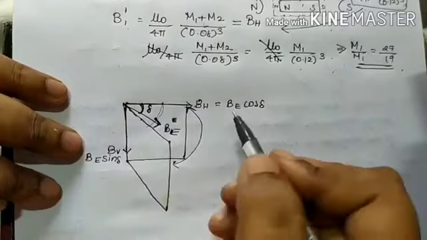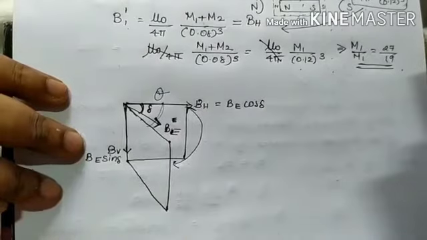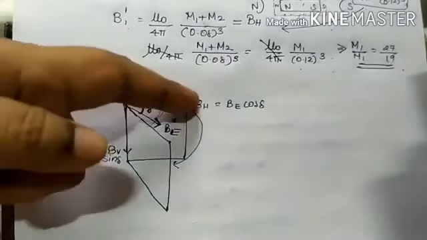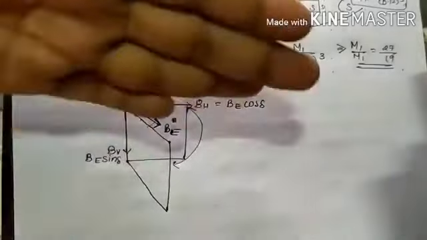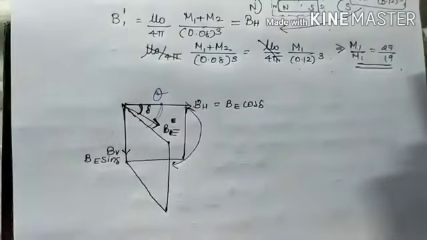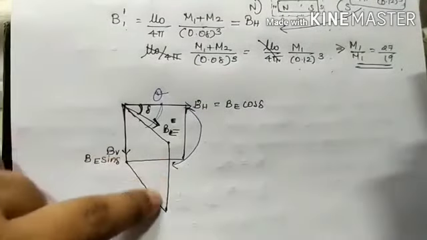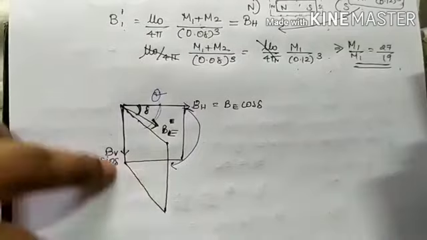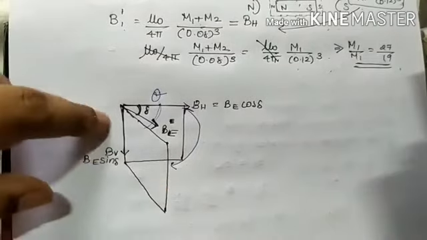Let's say the angle between the two planes is theta. It's very important, guys. This angle is theta. Now I'm going to place a dip needle in the second plane.